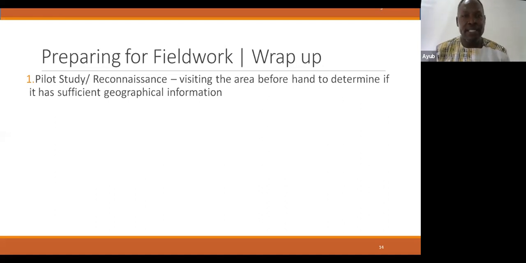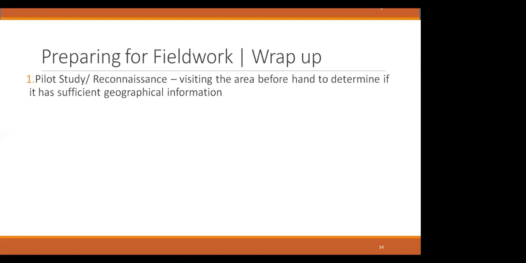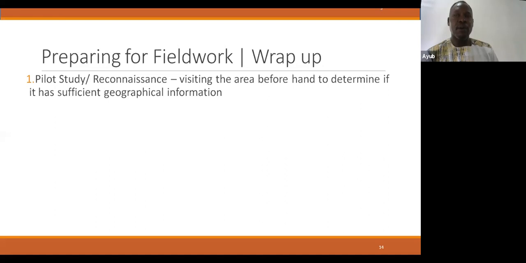How much time will it take me to do the study? So before you do anything, you visit the area to get that basic information. Before you have determined what is the topic, you visit the area before you delve deep into the study. That is number 1.